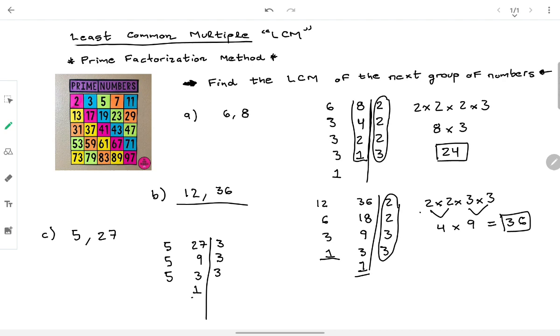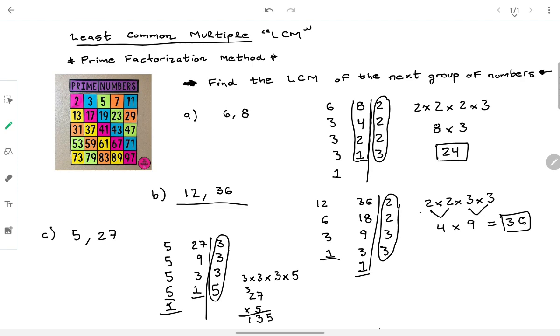Now we get 1 on that side. We have finished this part, but we need to finish the other part, which will also get us 1. To know the least common multiple, you need to multiply 3 by 3 by 3 by 5. So we will get 27 times 5.